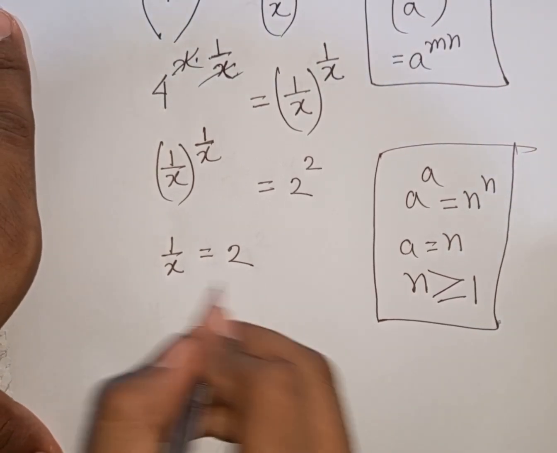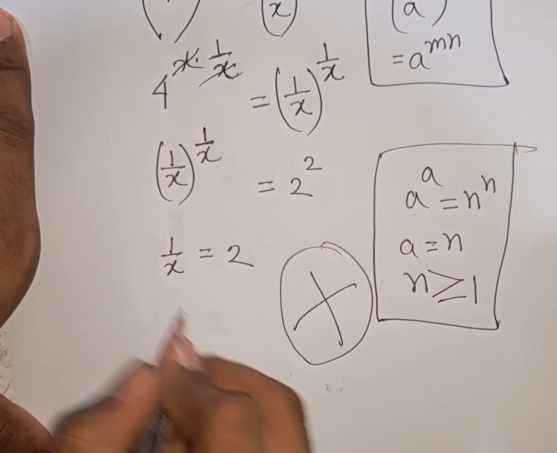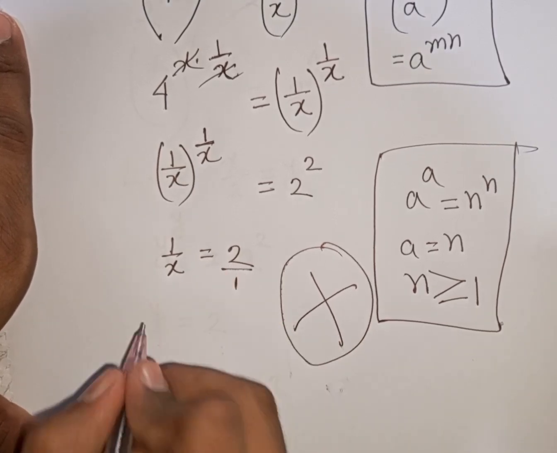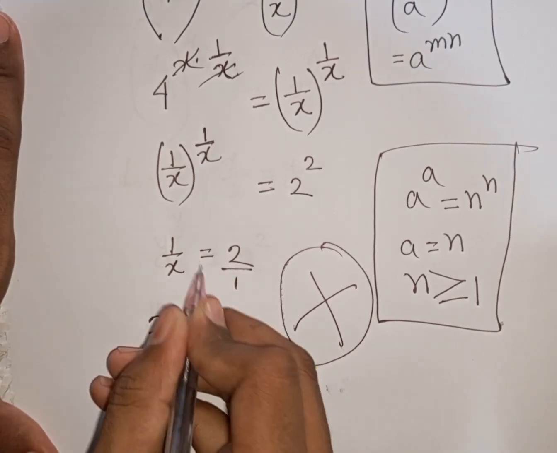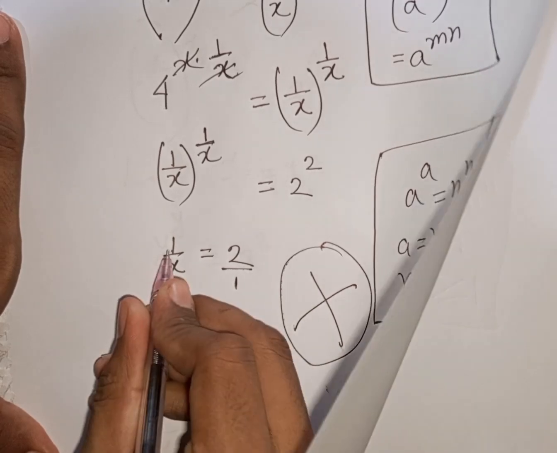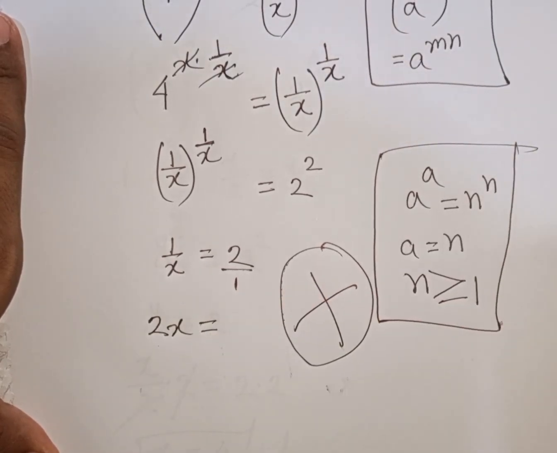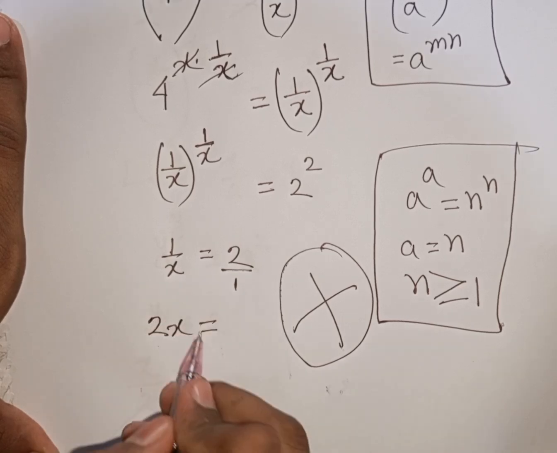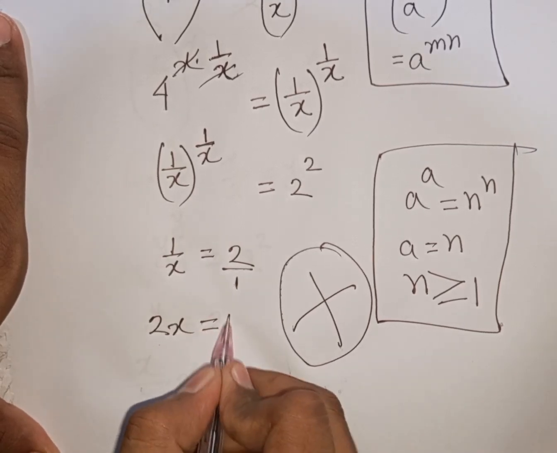Now here I can apply cross multiply. So this 2 is the same as 2 by 1. So x times 2, that means 2x, is equal to 1 times 1, that means 1.